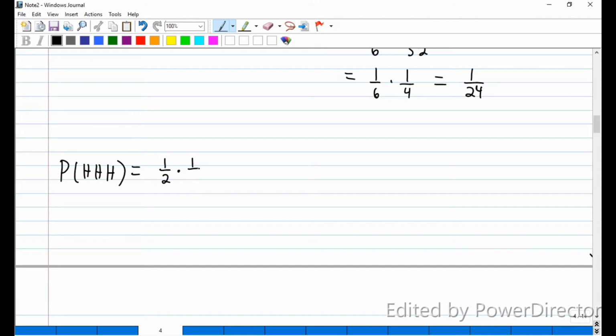What's the probability the second time getting a head? 1 out of 2. Guess what the probability of the third time getting a head is? That's right, 1 out of 2. So that's 1/2 to the third power, or 1 out of 8. So about 1 out of every 8 times, if you flip a coin 3 times in a row, you'll get heads, heads, heads. That doesn't mean exactly 1 out of every 8 times, but that's the probability.